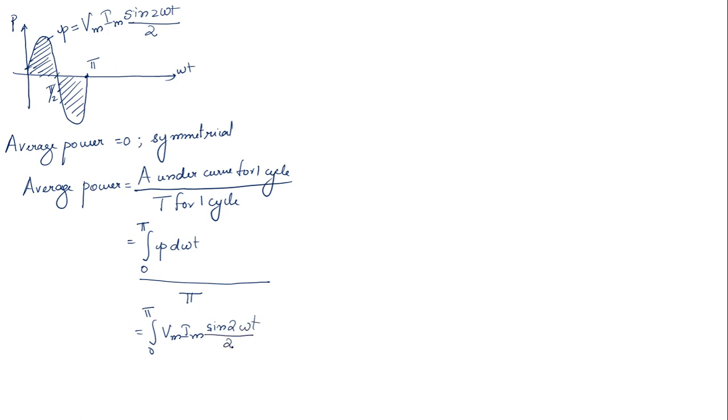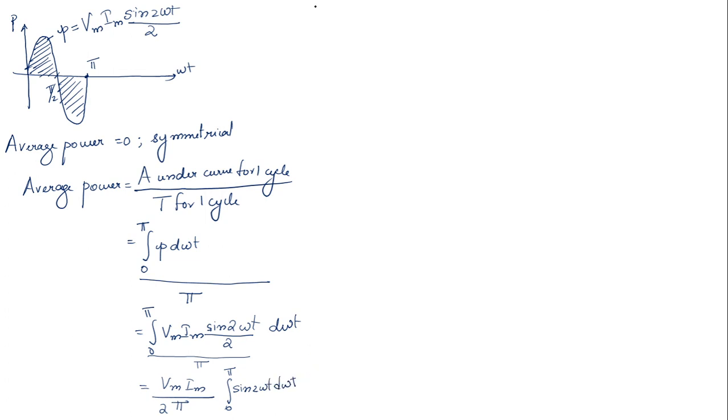So it is whole divided by pi. Here the constants can be taken outside: Vm Im by pi, and 2 is also taken outside. The remaining thing is the integral 0 to pi of sine 2 omega t d omega t.